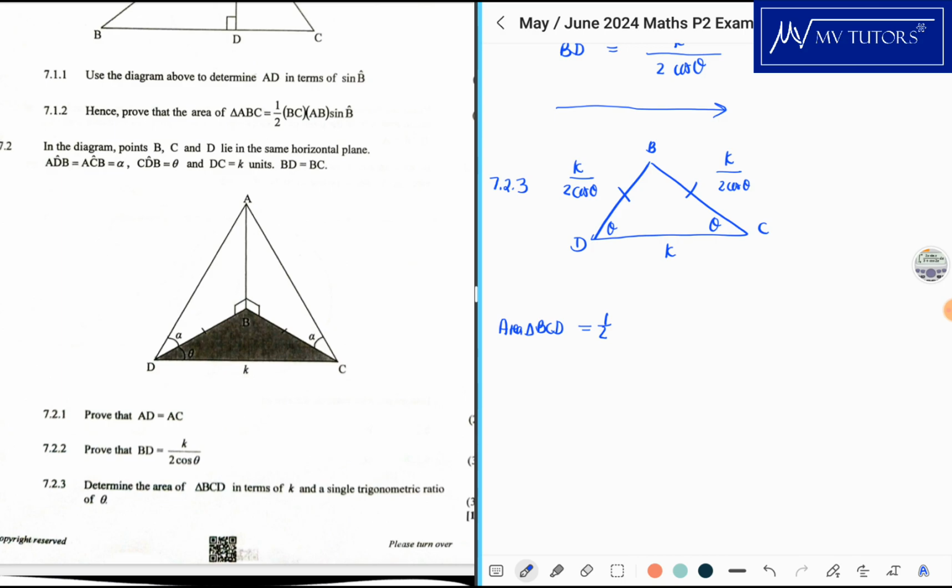BC and DC. If I take BC and DC, it'll be sine C. So BC is K over 2 cos theta. DC is K and C is theta.